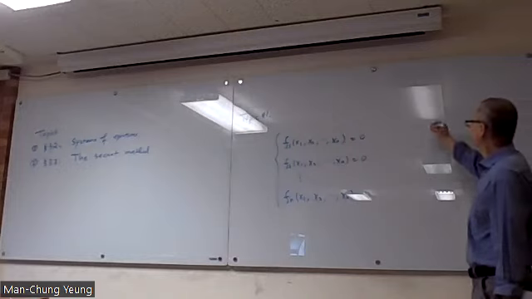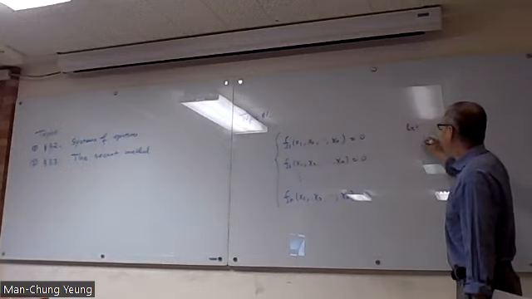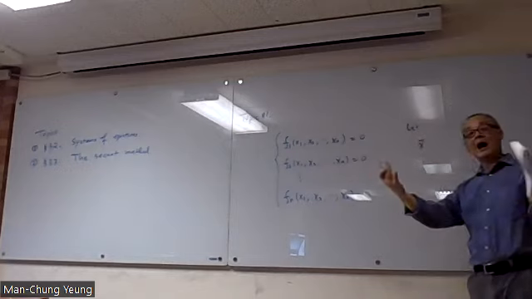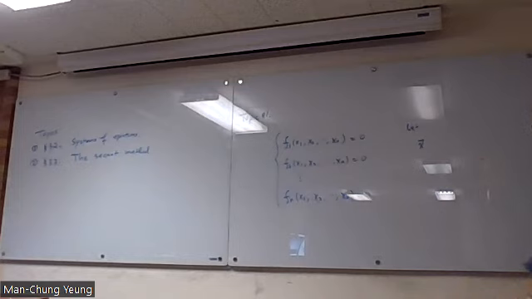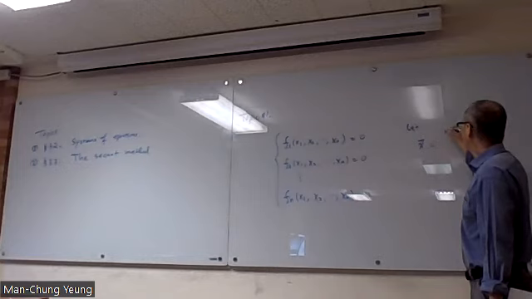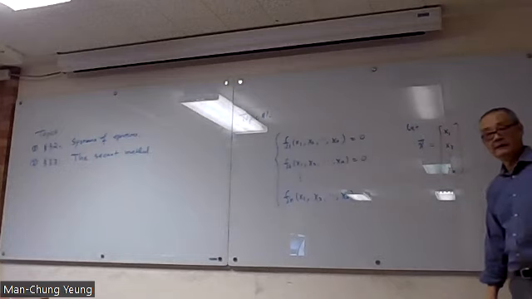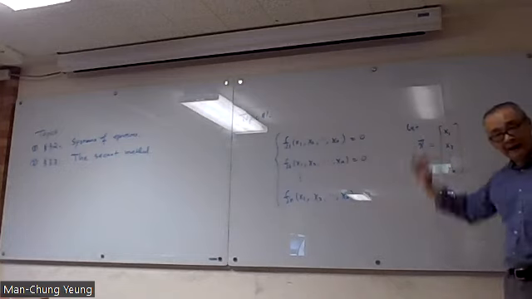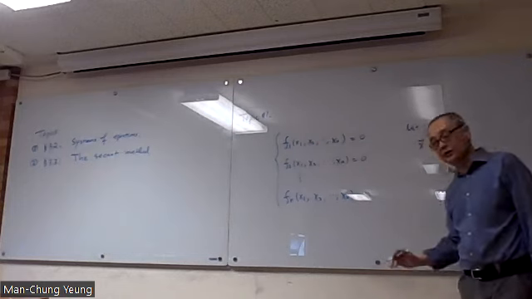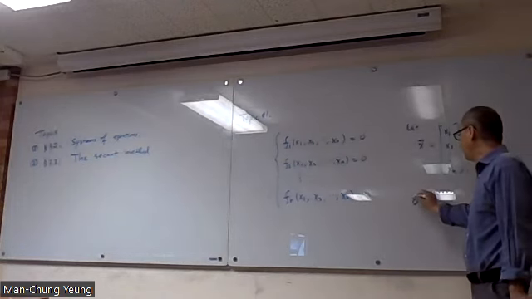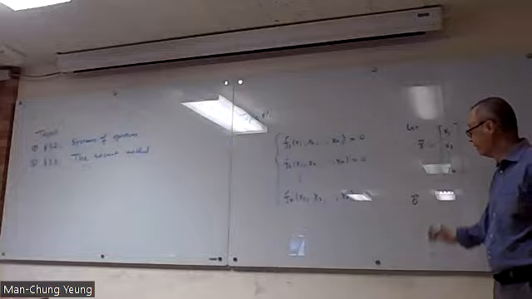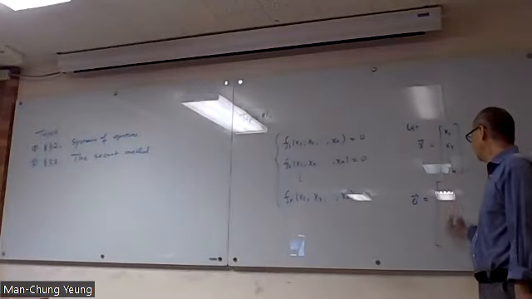If I introduce x for the unknowns, I use x with an arrowhead to denote this vector. And the right side are all zeros; I use a 0 with an arrowhead to be this vector.